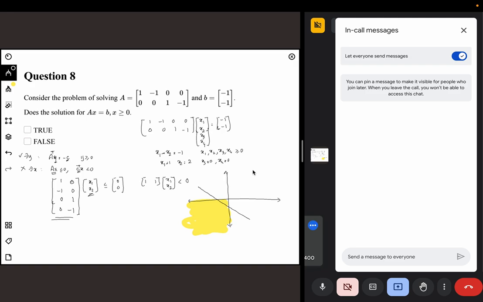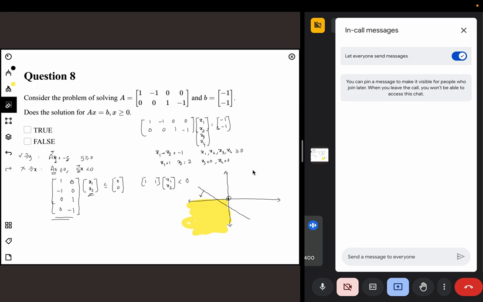I can keep going negative, and then you will end up having nothing. The only solution you can have is the origin, which we are excluding by saying that it is strictly less than 0. So you cannot find an x that satisfies both of these together.